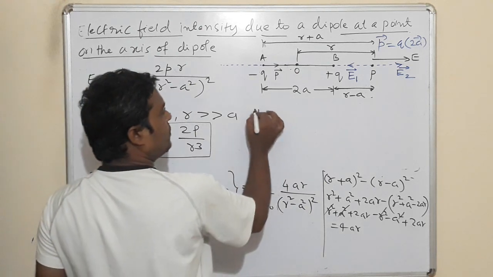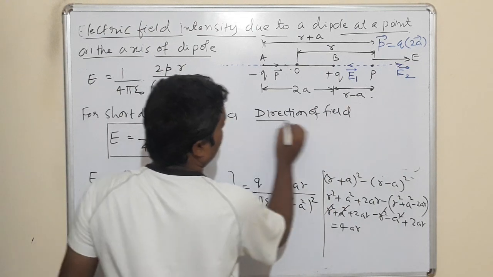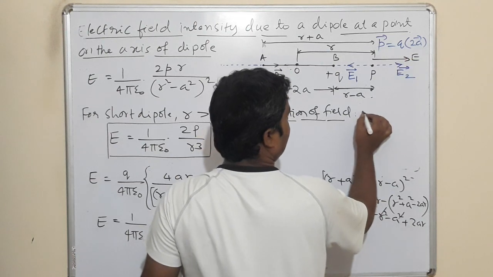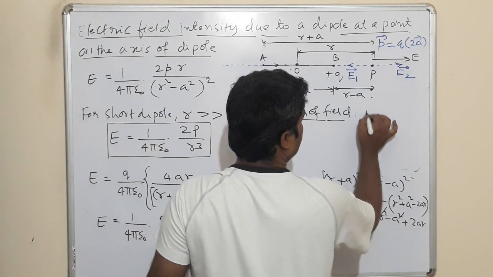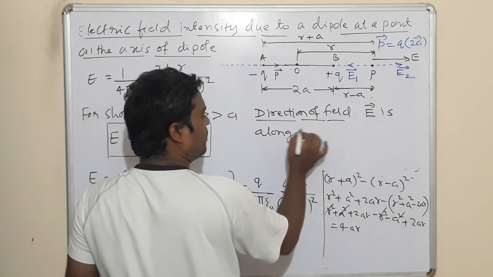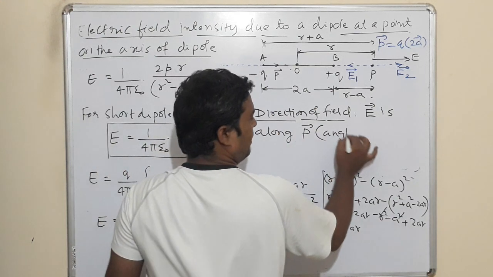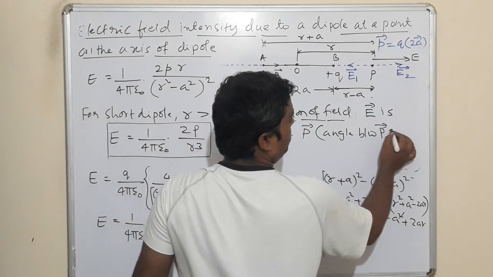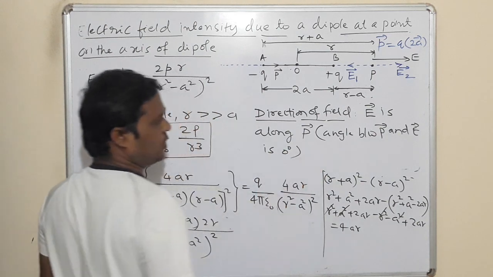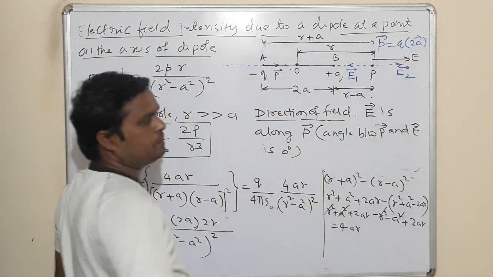That means the direction of the net resultant field E is along the dipole moment, along P. That means you can say the angle between P and E is 0 degree when we take the point on the axis of the dipole.